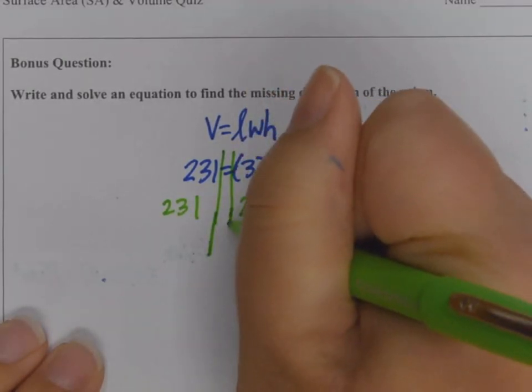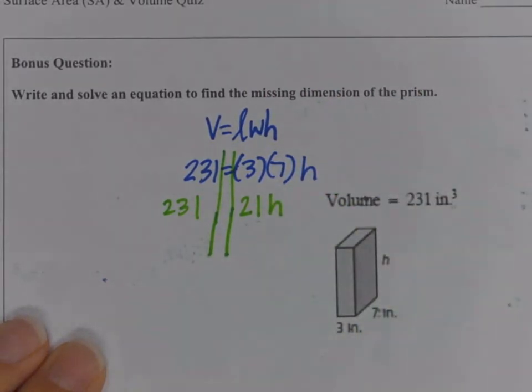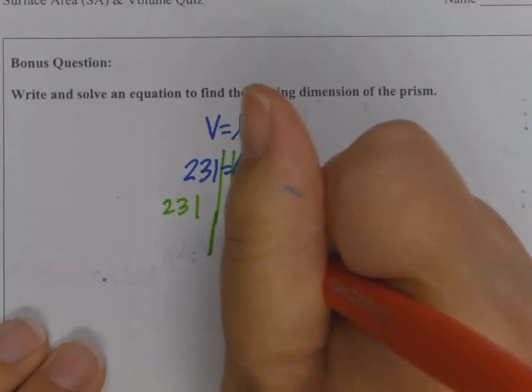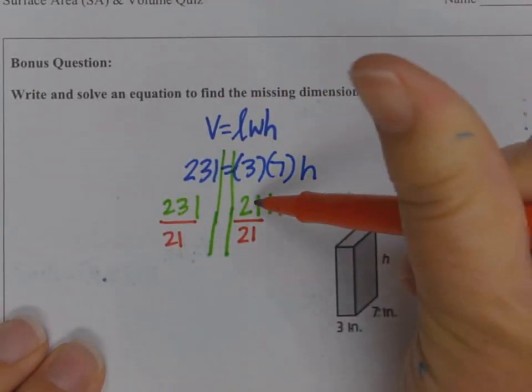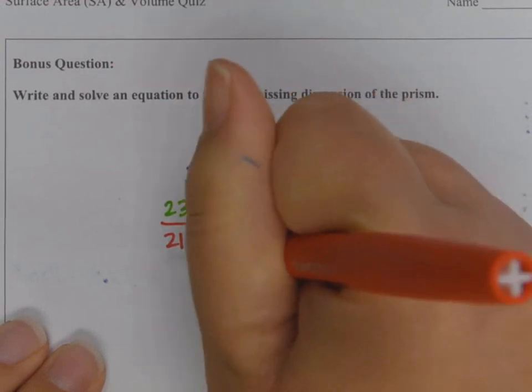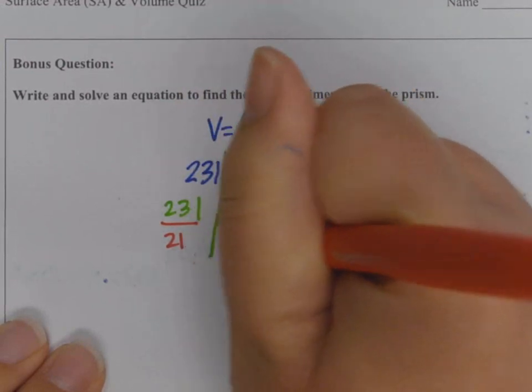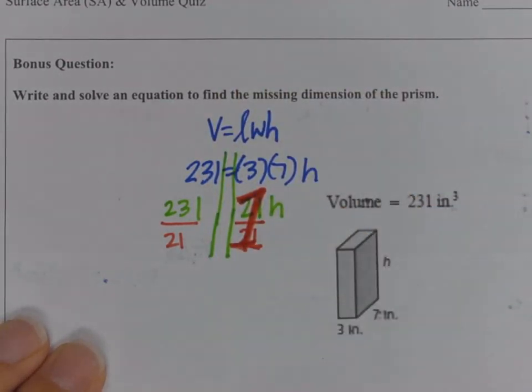To get rid of something, you have to do the opposite. So the opposite of multiplying is going to be dividing. You're going to divide by 21 on both sides, because 21 divided by 21 becomes 1. So now we have 1h. H is alone, which is our goal. We want h all by itself.